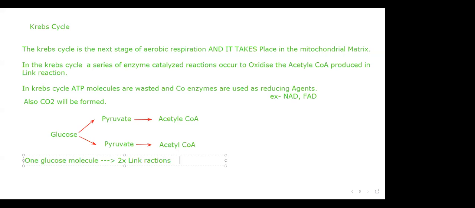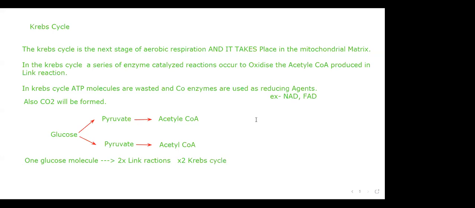Then tell me how many Krebs cycles should happen? Krebs cycles also happen twice. All the products double when you want to find the total outcome from one glucose. So keep that in mind always.